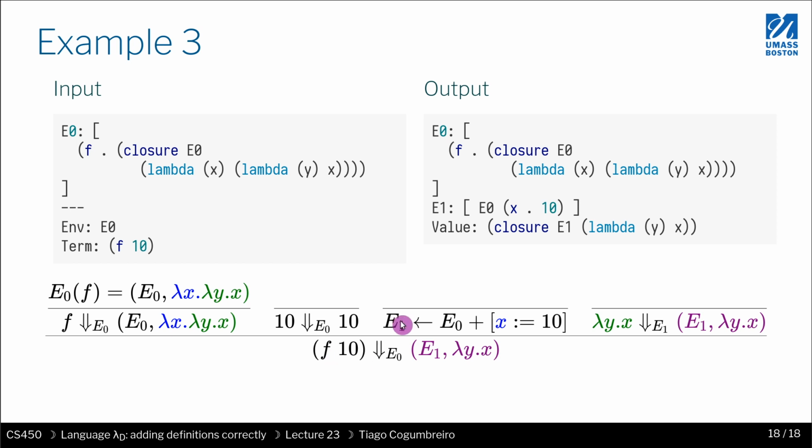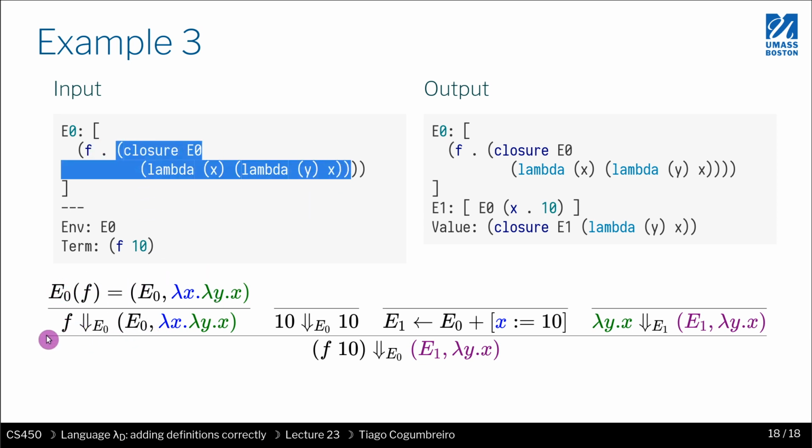Let's see that happening, because we have to do this push. So let's see, I'm calling function f with argument 10. So the first thing we're going to do is just looking it up, right? So we're going to look up this closure on f, right? Because it's available in E0, E0 of f is just the closure itself. That's fine, nothing too surprising.